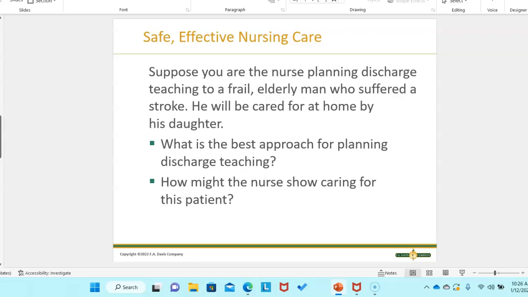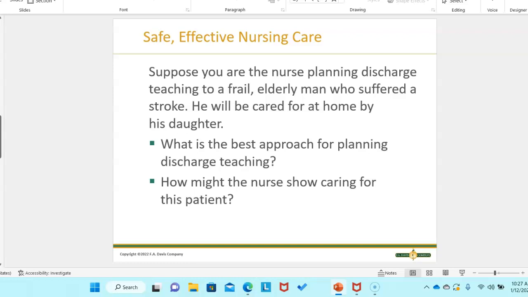Timing is very important, especially for frail, elderly patients. Present little information at a time in order to not overwhelm him. Phrase instructions simply with action words. Avoid abstract words.